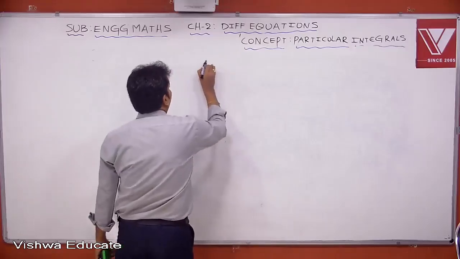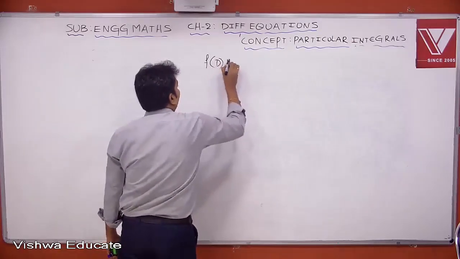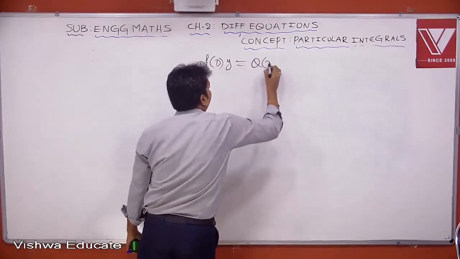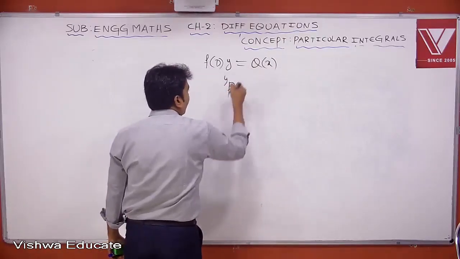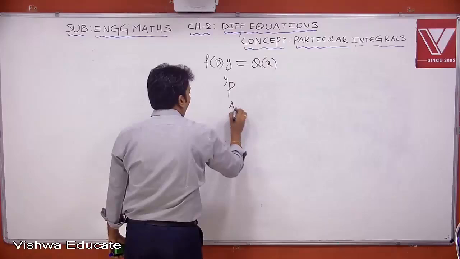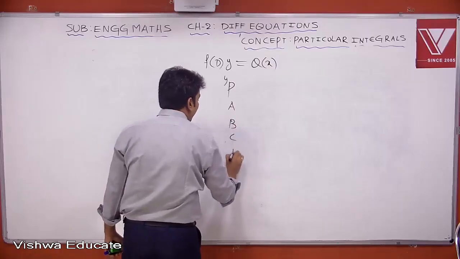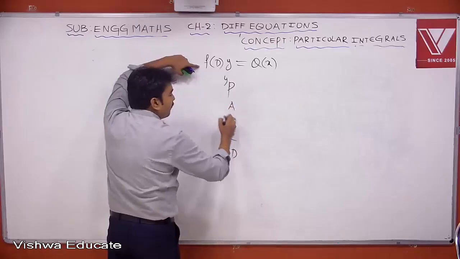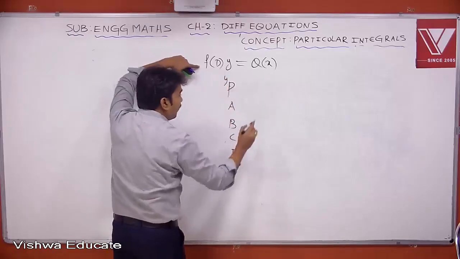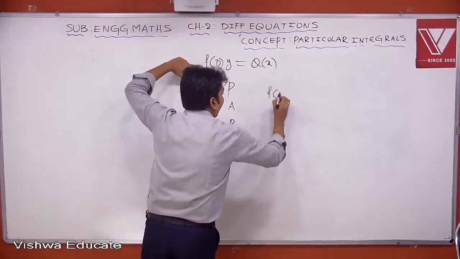Suppose they ask you the particular integral of an equation like this. Suppose my question is f of D into y equal to q of x. They are asking the particular integral of this equation, and options A, B, C, D are given like this. Then what you do is, let us verify the options.